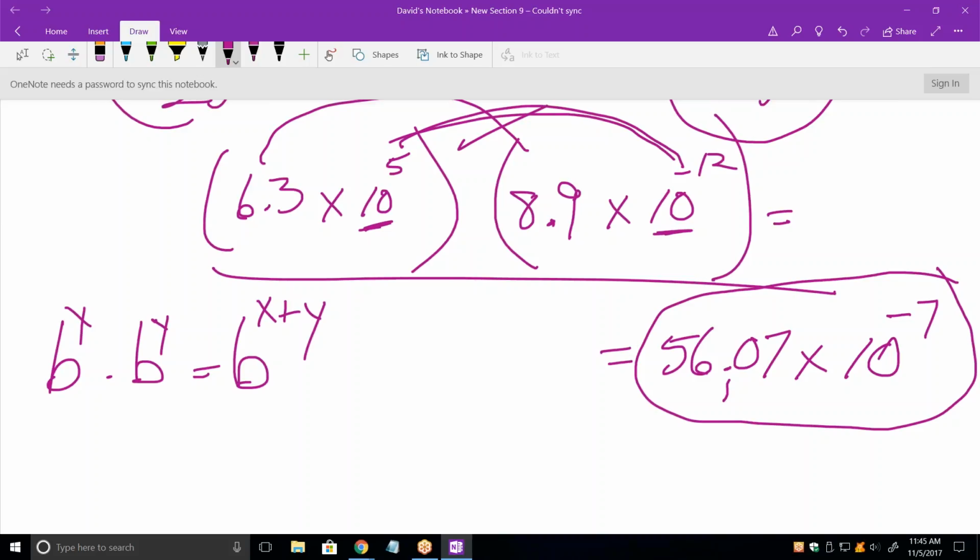Well, then this number has to be between 1 and 10. So I need to move that decimal point one spot to the left to give me this answer.